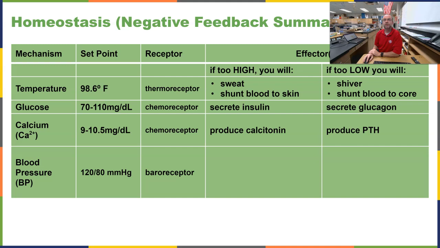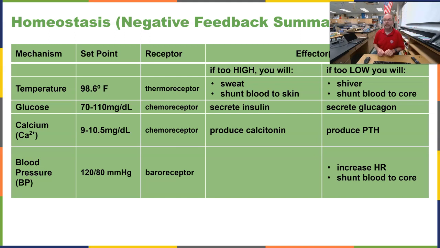When your blood pressure is too low, you want to increase the heart rate and shunt blood to the core. You are going to increase heart rate by stimulating beta-1 receptors, and you're going to shunt blood to the core by stimulating alpha receptors. And when you do that, we need to get blood to the brain.